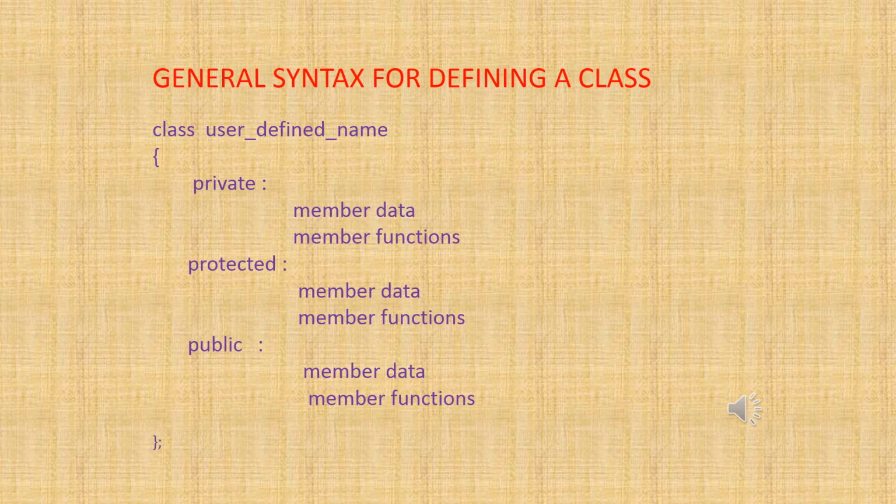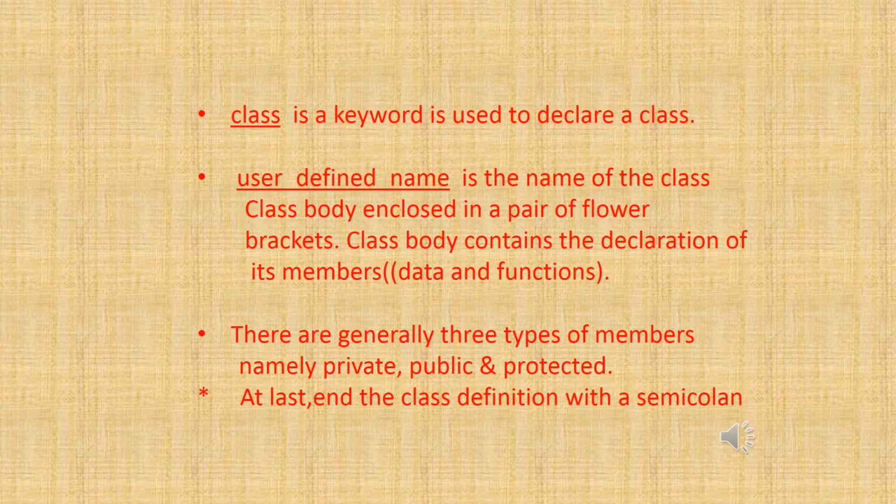Next is the general syntax for defining a class. A class is defined in C++ using the keyword class followed by the name of the class. The body of the class is defined inside the curly brackets and terminated by a semicolon at the end. Keyword class is used to declare a class. It has to be written in lowercase letters.